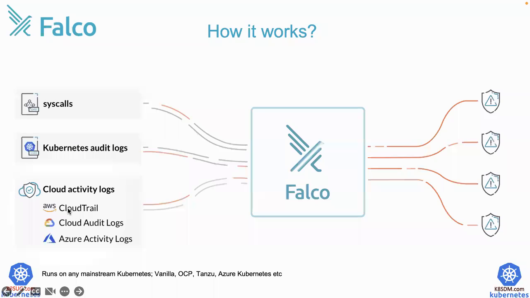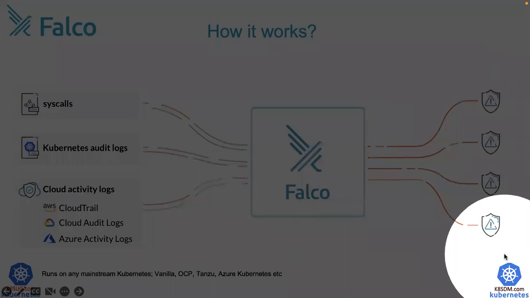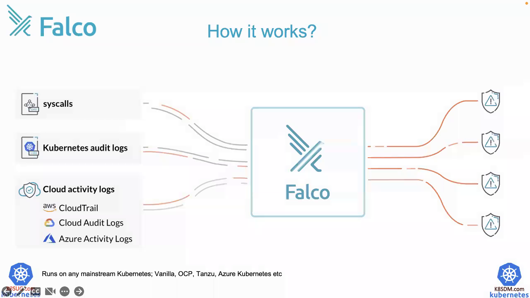For AWS, it can integrate with AWS CloudTrail to capture all the events. Then based on the rule settings, it will alert you on these different activities. On the right-hand side, you can integrate with different outputs. It can be HTTP, gRPC, or just output to a file, standard output, etc. Any questions so far?